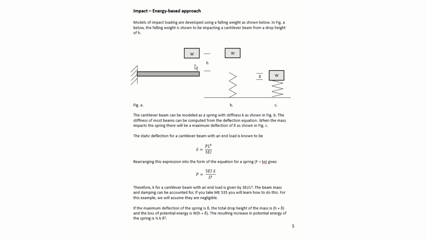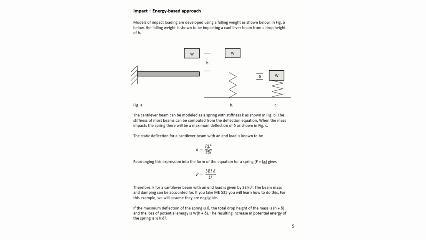The static deflection of a cantilever with an end load is PL cubed over 3EI, where this P would be the same as this W. And we know the basic equation F equals Kx, where F is the force, K is the stiffness, and x is the deflection.